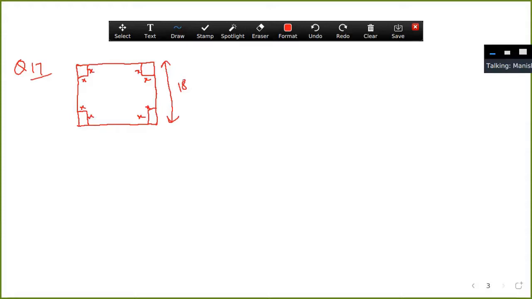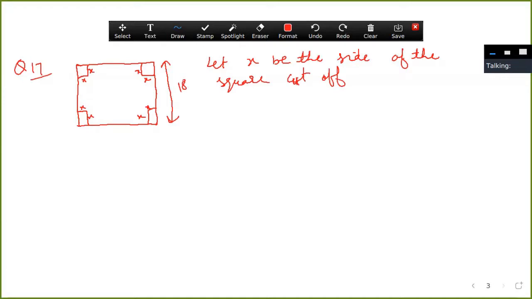Now let x be the side of the square cut off from each corner, like this, it is shown in the figure.